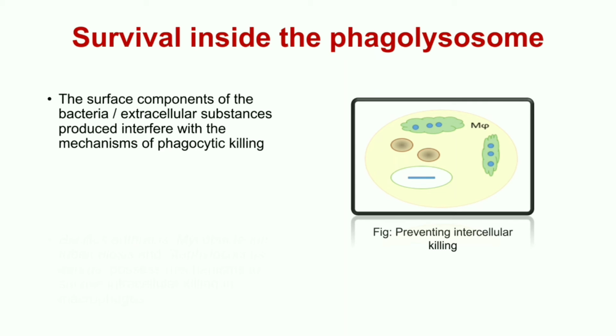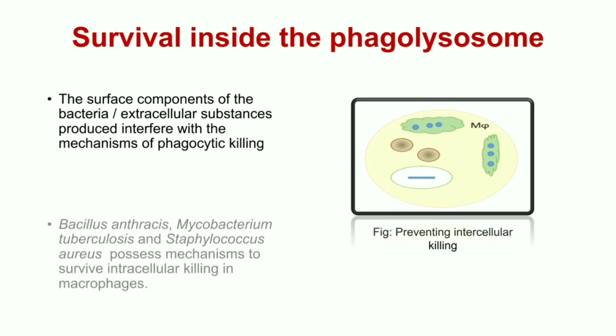Very little is known about the mechanism of resisting this phagocytic killing which takes place inside the phagocytic vacuole. But many people have proposed that surface components of the bacteria or certain extracellular substances secreted by these bacteria produce interference with the mechanism of phagocytic killing.